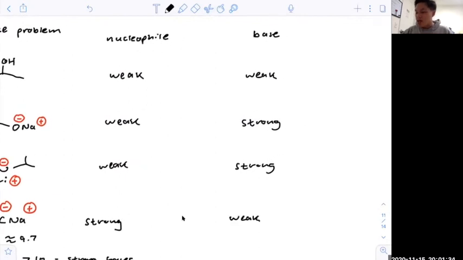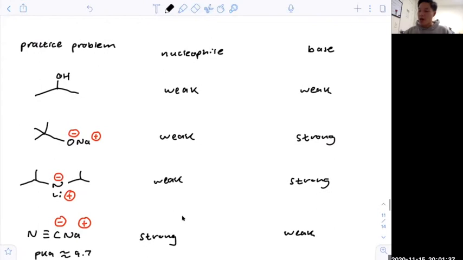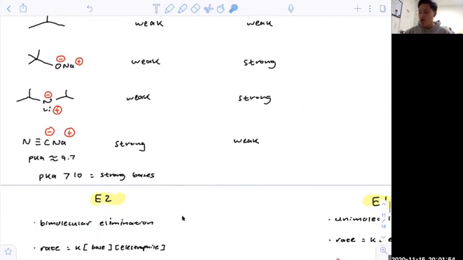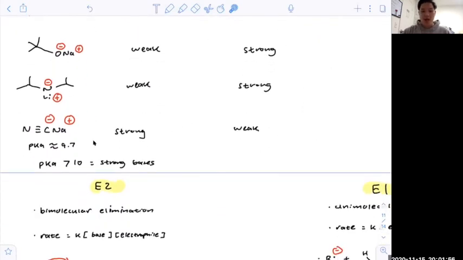But I don't expect you to know this for sure, so don't worry about it. I just want you to, firstly, know these two right here and what makes them a weak nucleophile but a strong base. But don't worry too much about this last problem here. Your teacher won't give you anything like that, okay? So let's take a look at the two elimination reactions that we have.